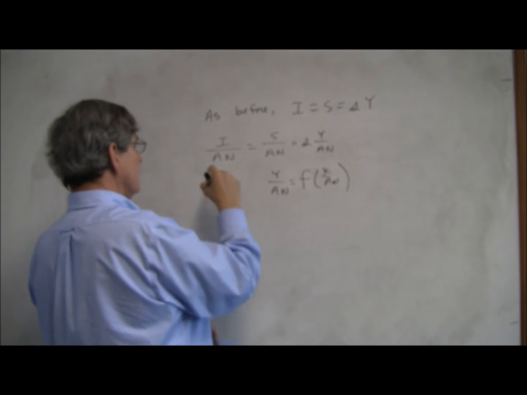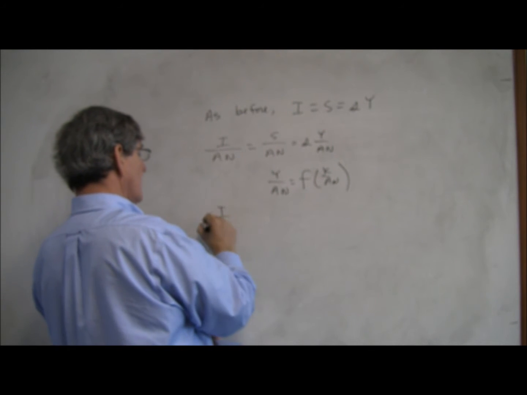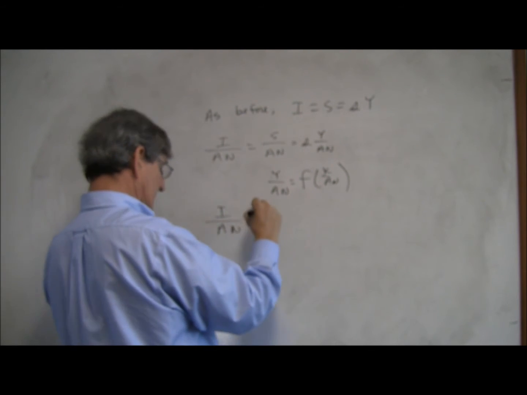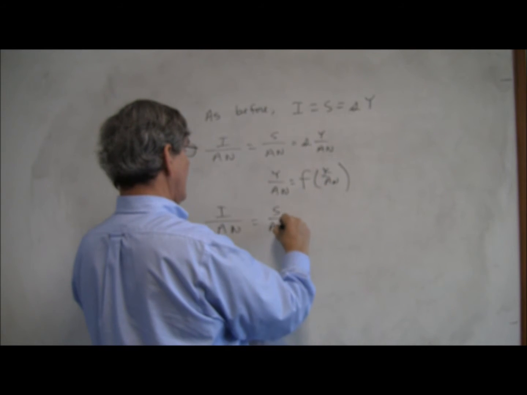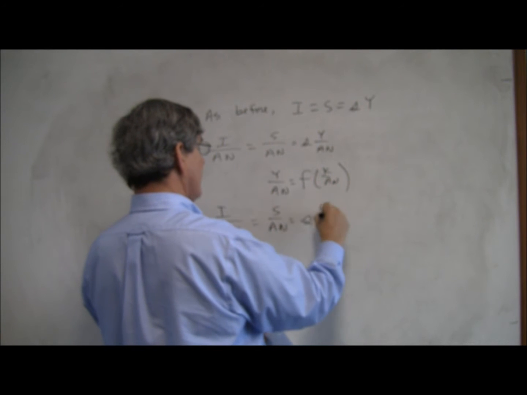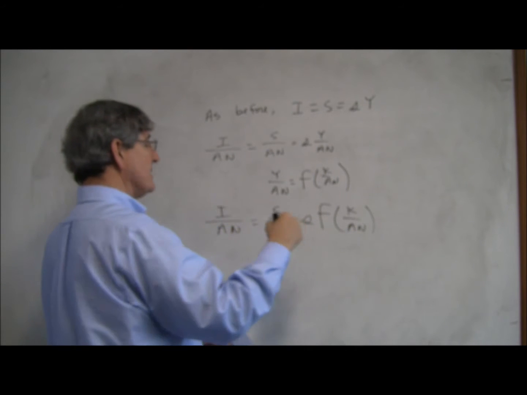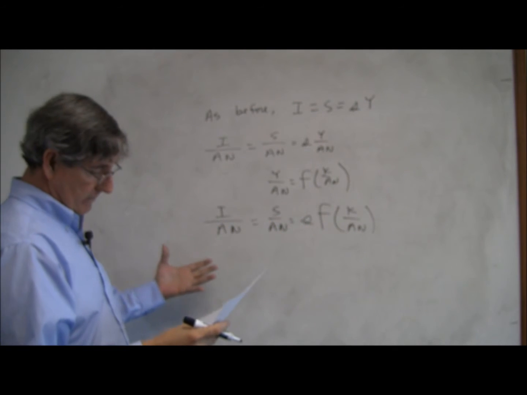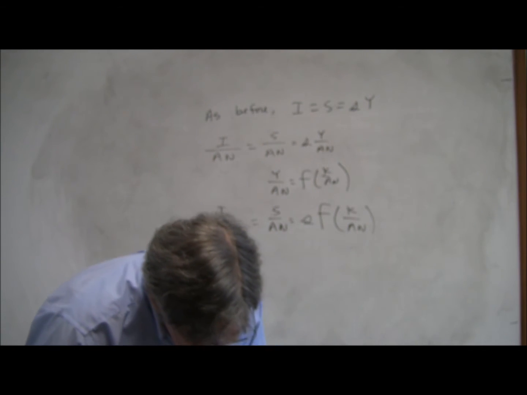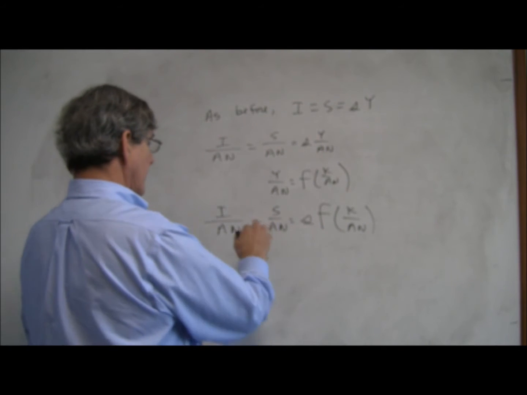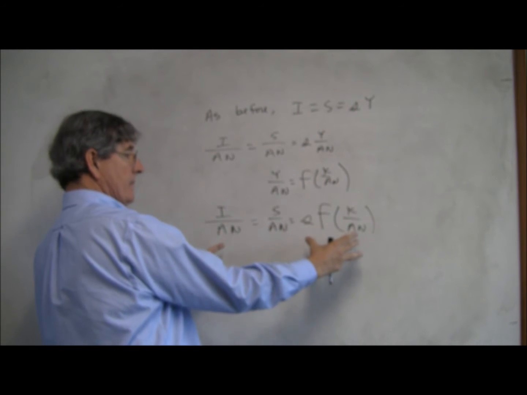So investment per effective unit of labor, I over AN, is just equal to S over AN equals little s f of K over AN. So that's the amount of investment in the economy. In particular, I over AN, investment is equal to this. So keep that in mind. All right?